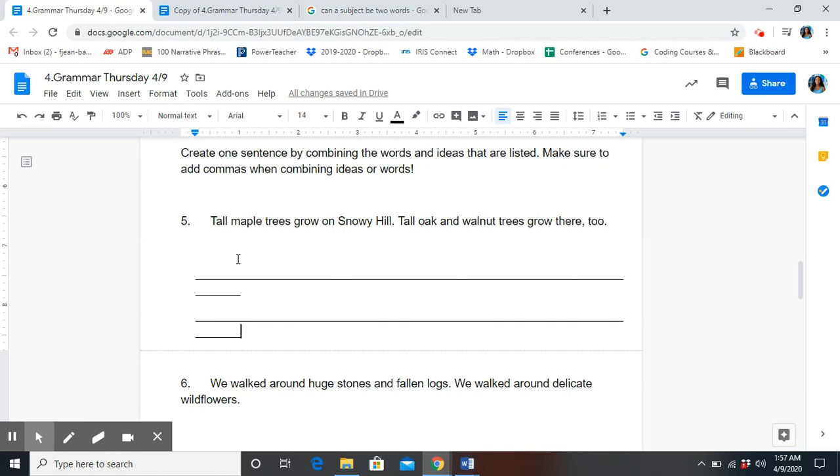What words in this sentence would make sense to be in a series? Right. Tall maple, tall oak, and walnut trees. Those are all similar items that would belong in a series.